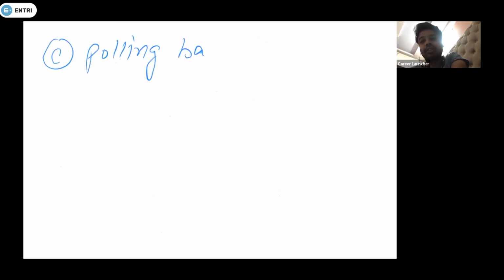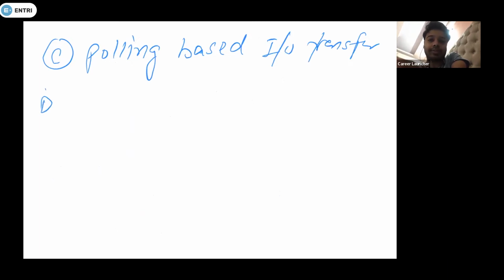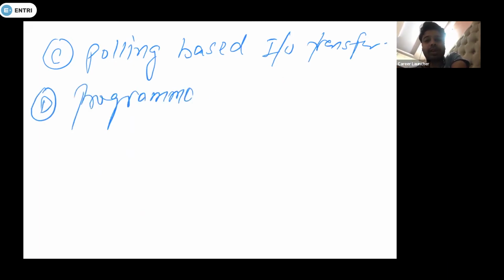C: polling based IO transfer. And D: programmed IO transfer.